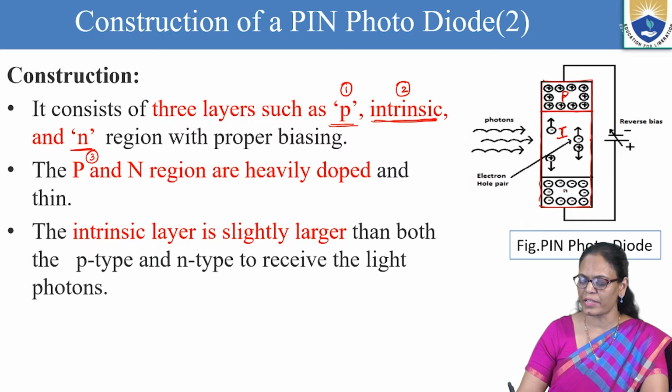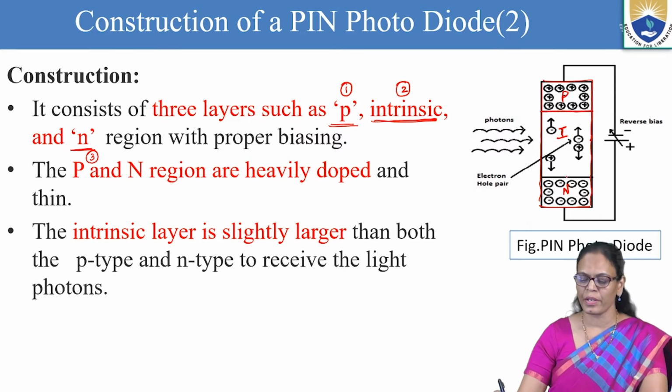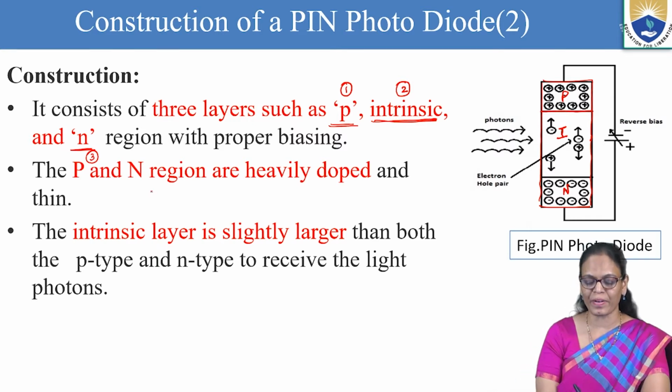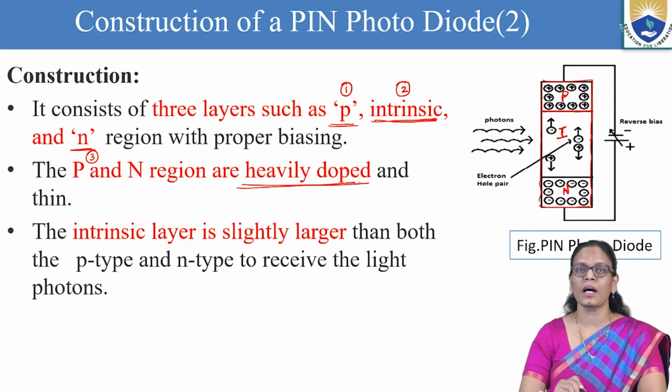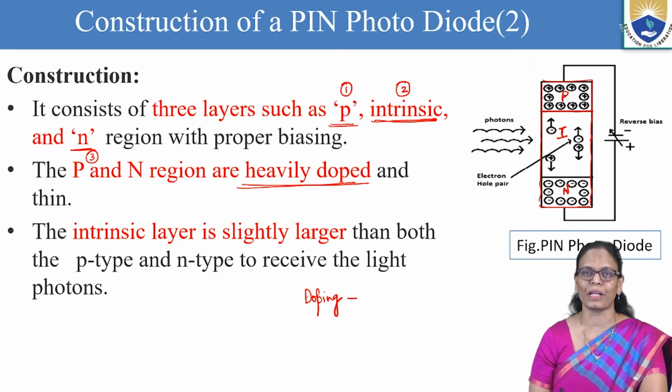And this is the third region, N. That is why we call it as a pin diode or pin photodiode. Now coming to the P and N regions, they are heavily doped. What is doping? We have already discussed in our previous lectures. So we'll just try to see the definition of doping.